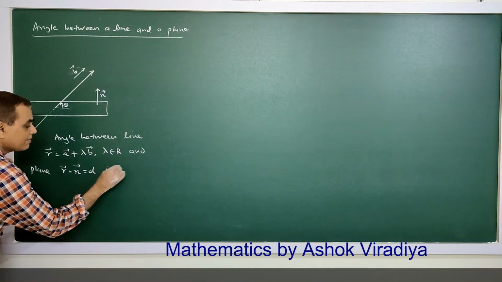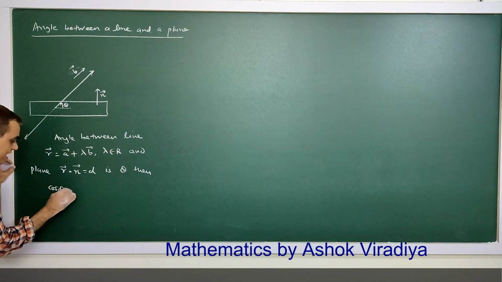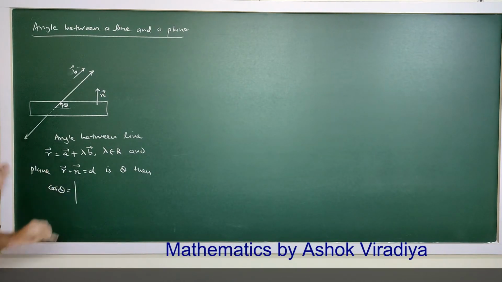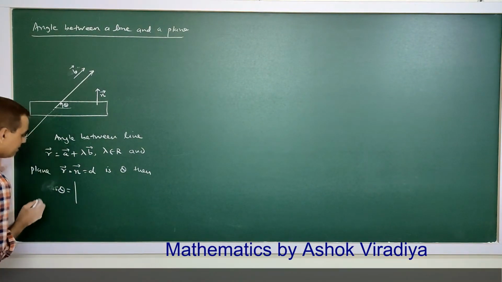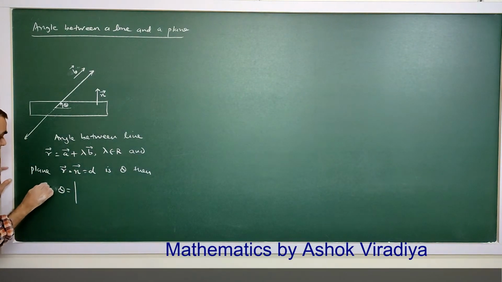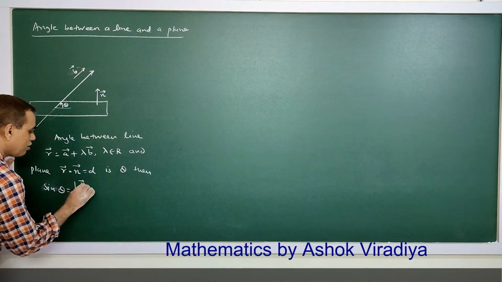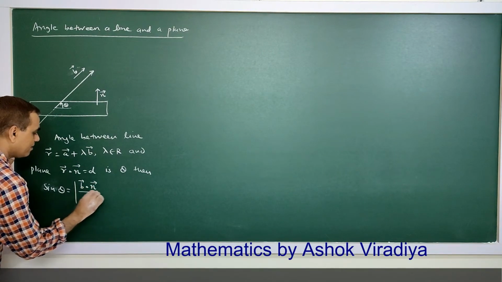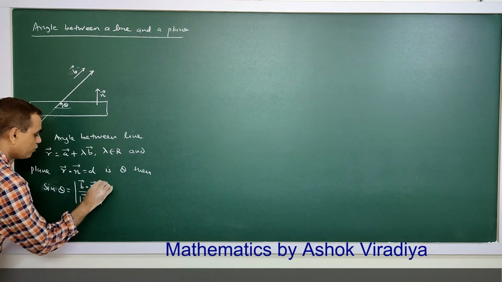If angle between them is theta, then this theta can be found by, here we use sine theta equal to modulus of vector b dot vector n upon magnitude of b, magnitude of n.